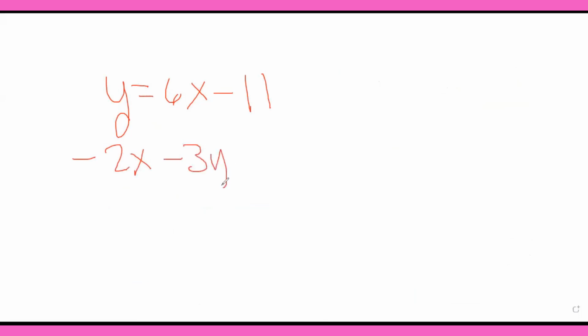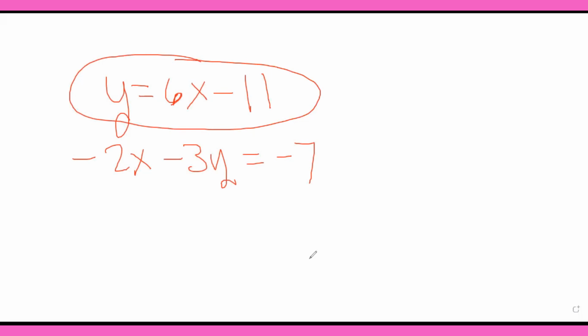So let's do one for substitution. What I like to say is if one is already solved, meaning one variable is already isolated, already by itself, that is usually a good indication that you can use substitution because you just have less work. And quite honestly, both methods could be used in any case, just oftentimes one method will be easier than the other. So in this case, I already have y isolated. It was given like that.